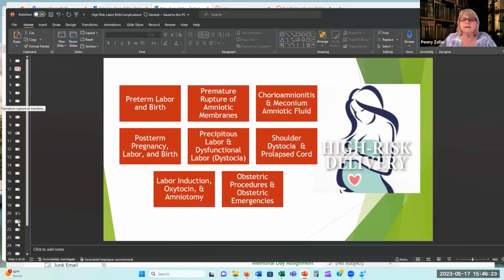And then we'll talk about inducing labor. When do we need to induce labor? If our client is not in labor and we need to put her in labor, why? And how do we do that? And we get to review oxytocin calculation. And then we have some obstetric procedures that we have to use sometimes if there's some dystocia, and then some obstetric emergencies.